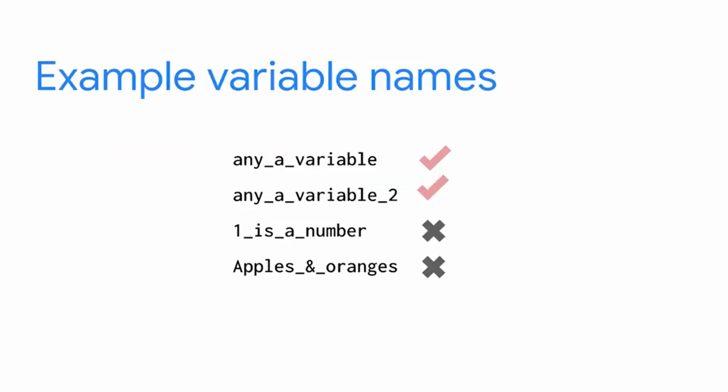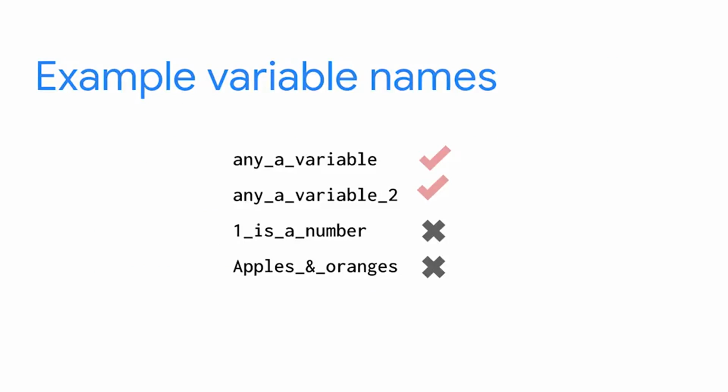Let's review some examples of effective and ineffective variable names. Any_a_variable is a valid variable name. Any_a_variable_2 is also good.